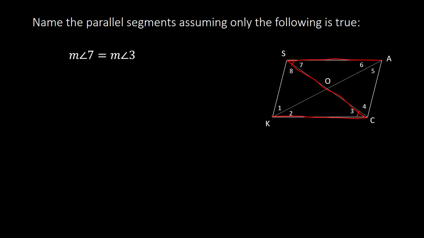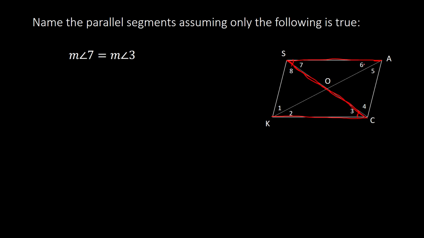So from here we need to determine if and how angle 3 and angle 7 are related. Well, notice that if any of these lines are going to be parallel, it would be the top and the bottom, AS and CK. But to prove that, we need to have angle 3 and 7 being either alternate interior angles, corresponding angles, or same side interior angles that are supplementary. Well, angle 3 and angle 7 would be alternate interior angles because they're on opposite sides of this transversal cutting through, and they are also interior.